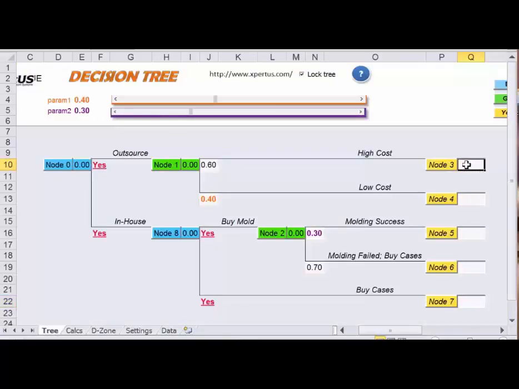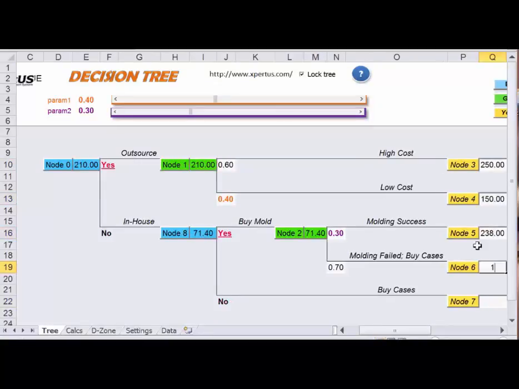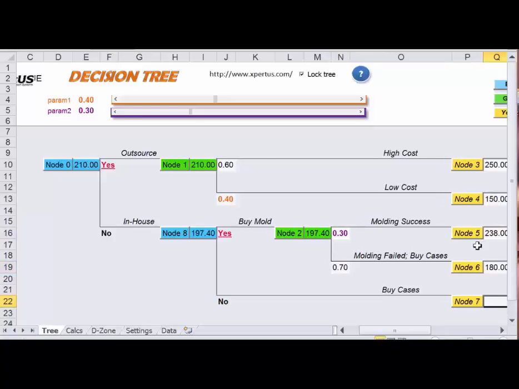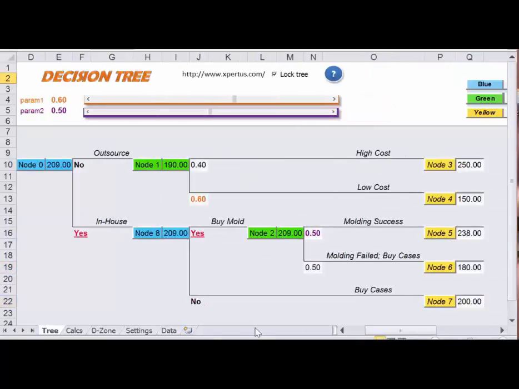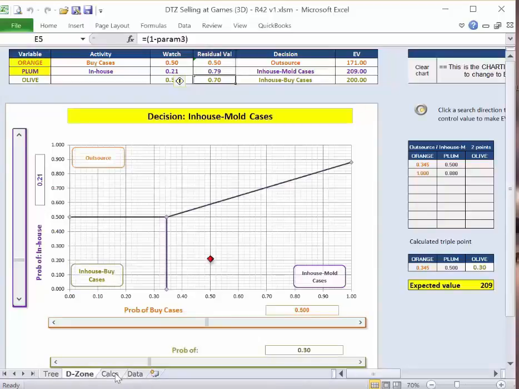So we'll go ahead and hit 250 and 150. So 238, 180, and 200. So as you can see, again, this table is unique to this problem. You have to create your own table that is specific to your particular problem. That's it for this video.